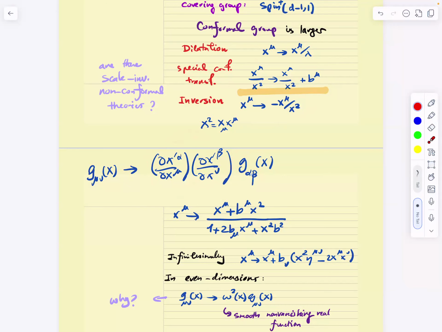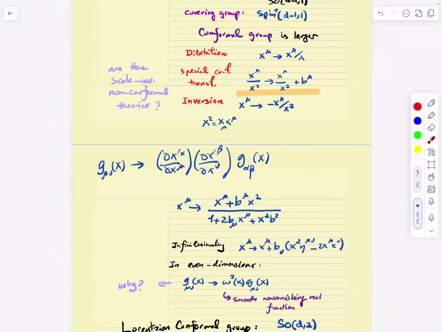And it also goes the other way around. All the diffeomorphisms that transform the metric in this way can always be repackaged this way in space-time dimensions larger than 1 plus 1. 1 plus 1 is an exceptional case. These are called conformal transformations. This is one other way of defining conformal transformations.